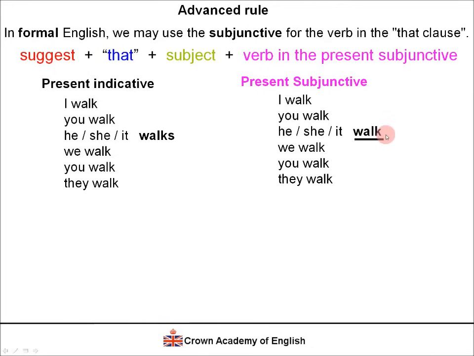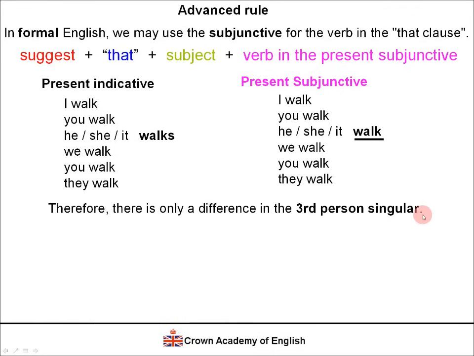This is the only difference, because all the others are the same. We walk, you walk, and they walk is the same. Therefore, there is only a difference in the third person singular here. So this is the only one you need to remember.